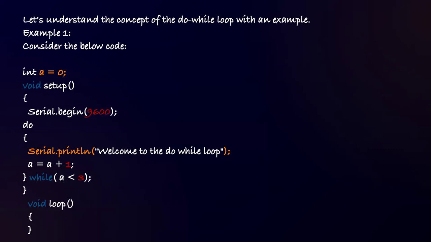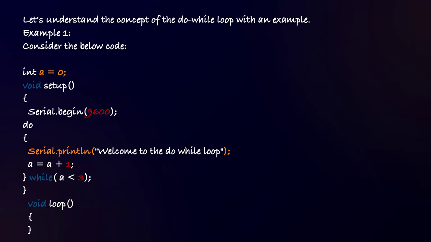See, let's understand. If you consider this code below, int a equal to 0 in void setup, we have declared it. Then we have executed a do while loop. So do Serial.println welcome to the do while loop.